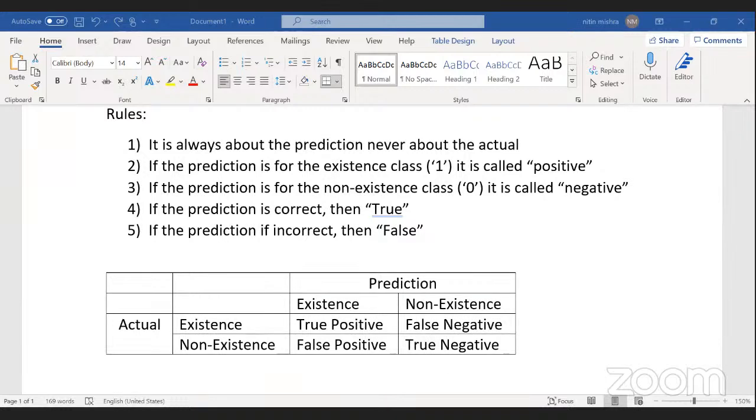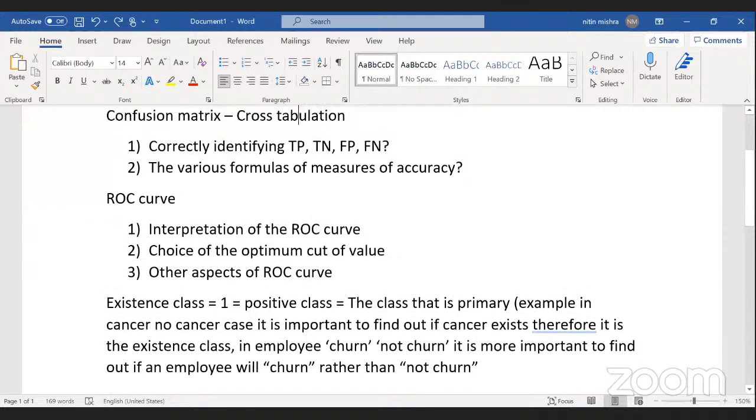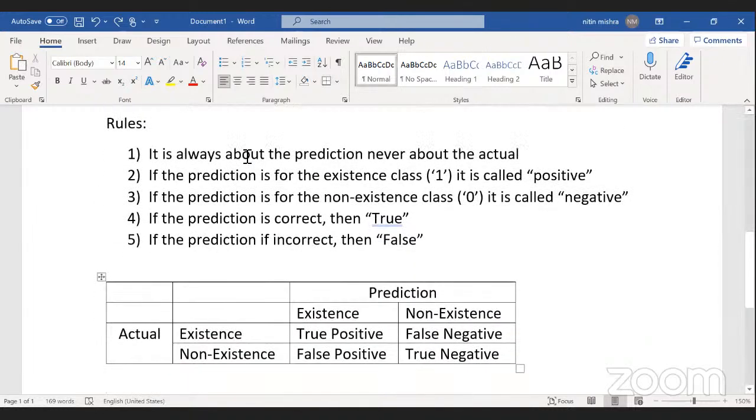Okay. Next, various formulas for the measure of accuracy. So we have correctly identified TP, TN and FP, FN, and now this is something that people will try to confuse you with, given that it is a confusion matrix. Now there are various formulas.